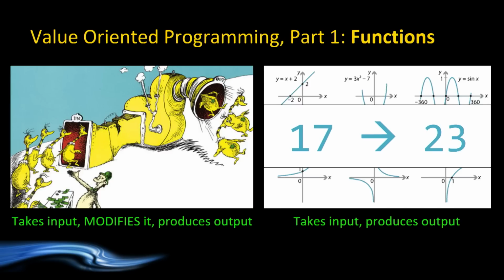The left takes an input, modifies it, and produces an output. The right takes an input, produces an output. The number 17 never changes. It's the number 17. You can count on it.